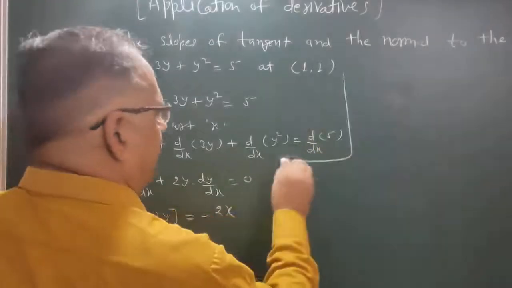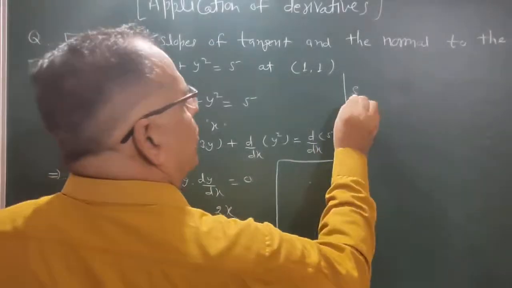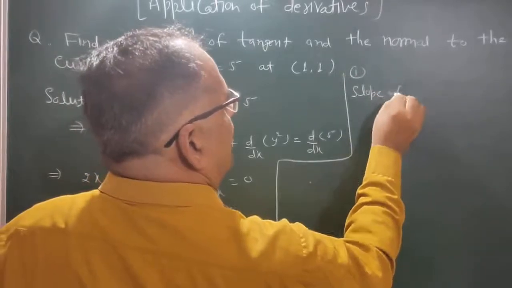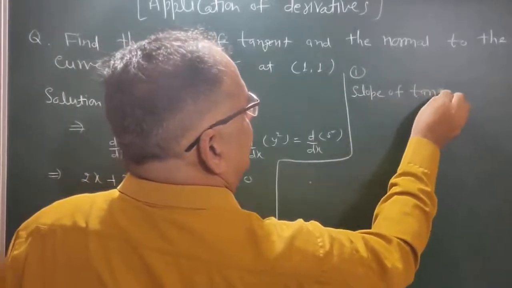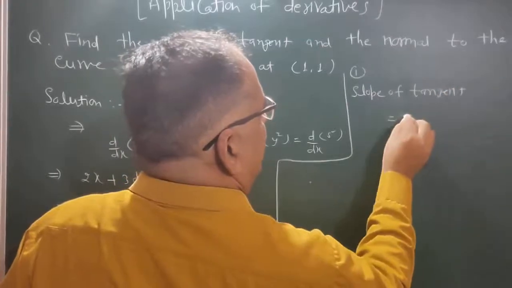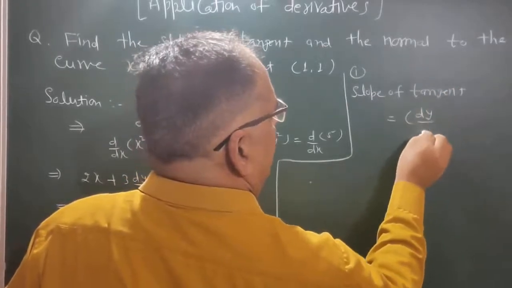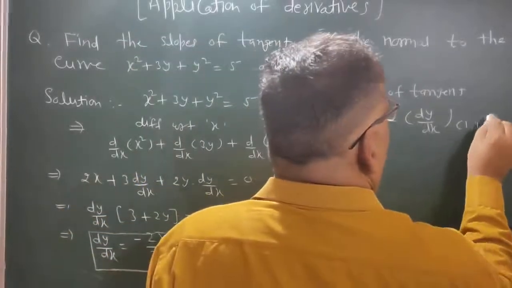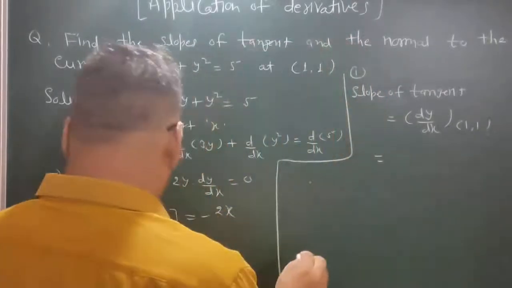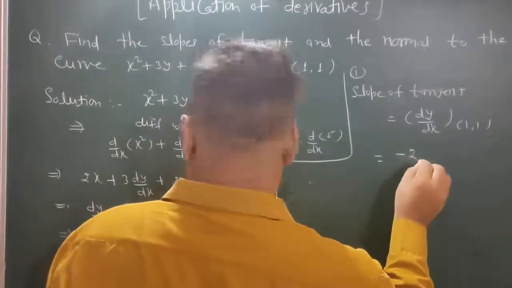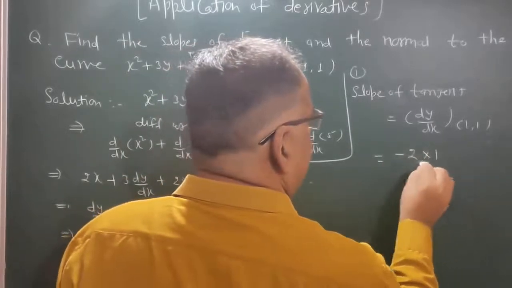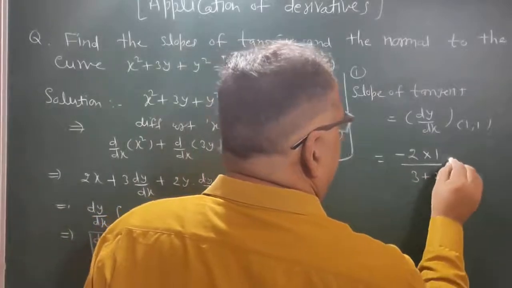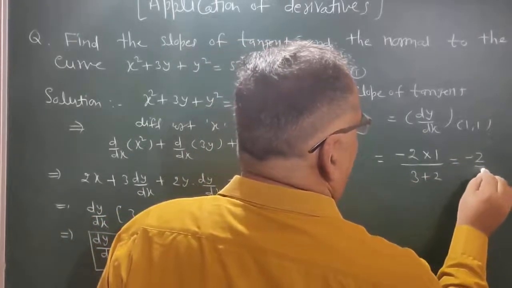Now the slope of tangent at the first point is equal to dy over dx at the point 1, 1. So this is minus 2 into 1 upon 3 plus 2, that means minus 2 upon 5.